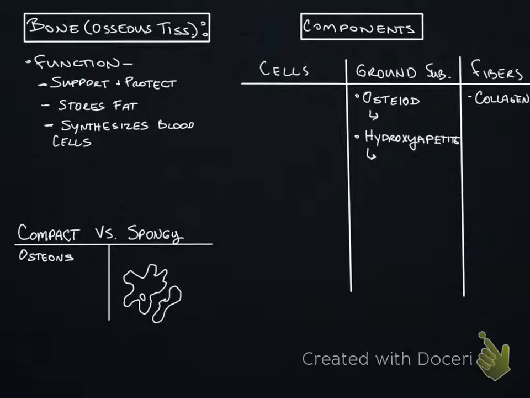And here are our bone cells, and these little juts off of it are called spicules or trabeculae. Whereas compact bone has a central canal and is much more ordered in its appearance.